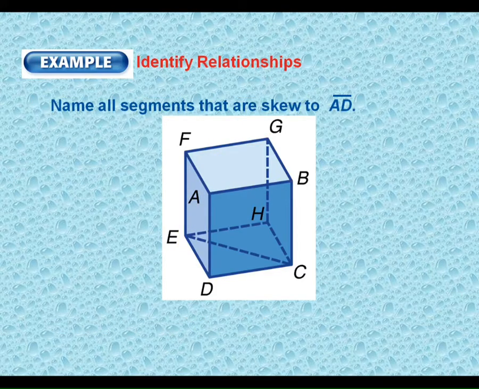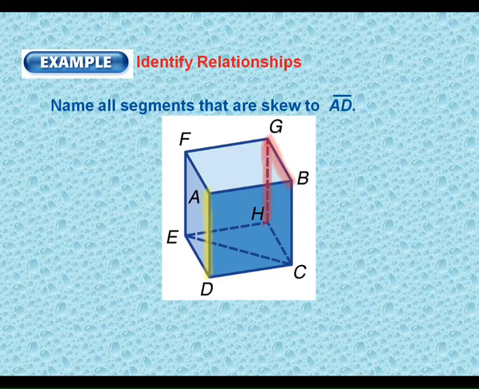Okay. All segments skew to AD. So AD is here. I want segments that are skew to that. So what's the definition of skew again? They do not intersect, and they're what about in the plane? They're not coplanar. So an example of a skew line would be this one. That's one. There's a bunch of them here.